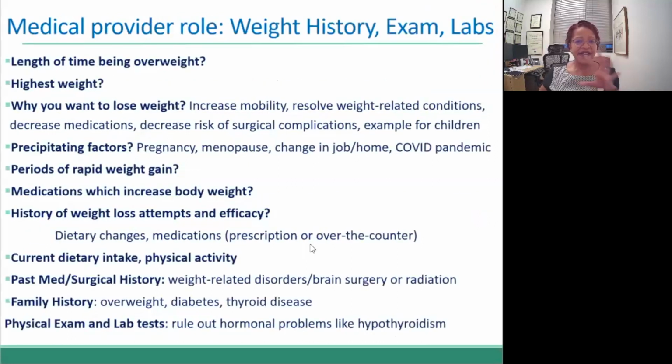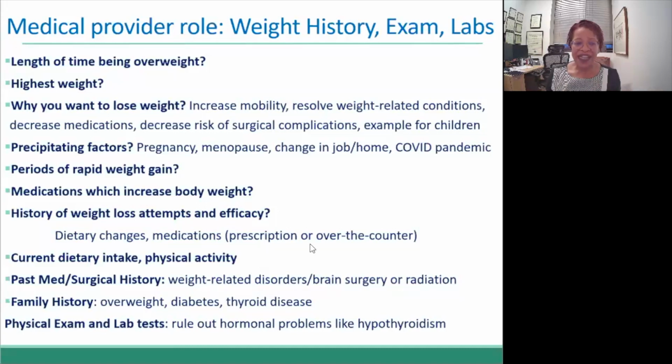And this is just to give you a sense of what I do when I'm seeing patients. Basically, I'm going over that list of all the possible causes that I showed you. I'm trying to figure out, through the history I get from the patient, through physical examination, as well as blood work, how many of these factors are contributing and which ones are items that we can treat. So how long has somebody been overweight?